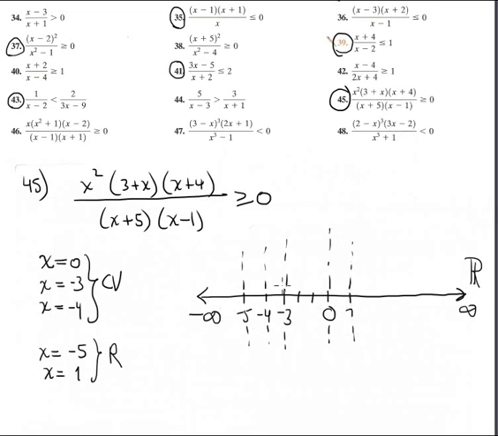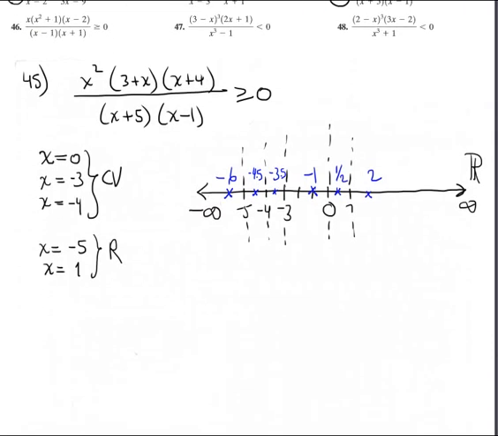So we have 5 values, therefore we need 6 testing points. For example, -6 is a good testing point, between -5 and -4 is -4.5, between -4 and -3 is -3.5, between -3 and 0 maybe -1, between 0 and 1, 0.5, and after 1, 2.